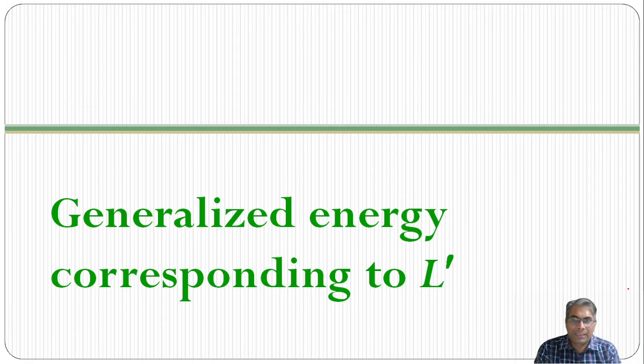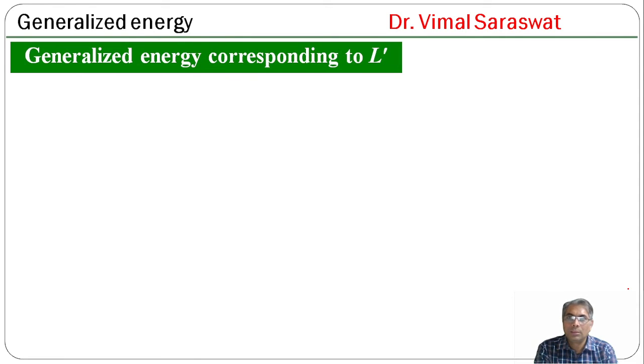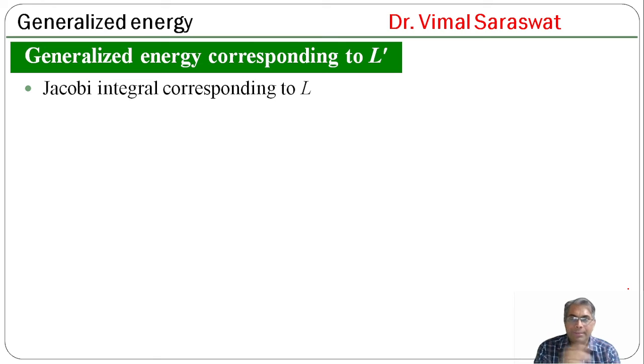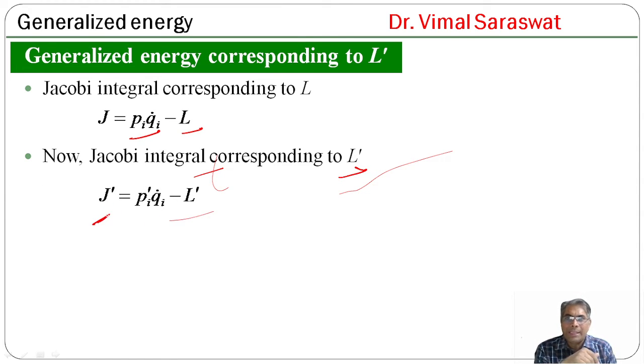Now next one is generalized energy corresponding to L'. The Jacobi integral corresponding to L is J equal to Pi Qi dot minus L. Now the Jacobi integral corresponding to L' will be J' equal to Pi' Qi dot minus L'.